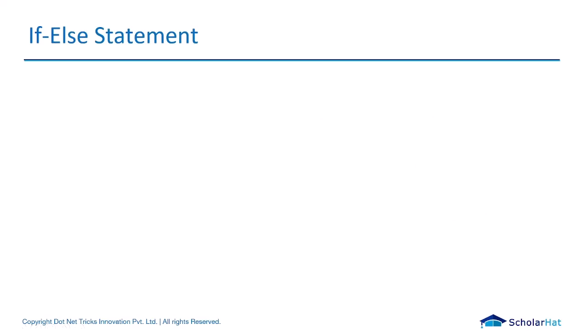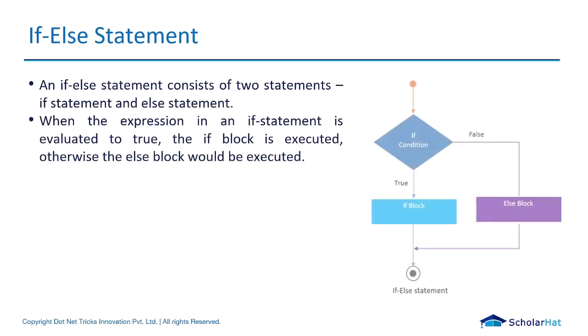Similarly, the if else statement also comes into the picture. So what does the else statement mean? The if else statement consists of two statements, if statement and else statement. When the expression in an if statement is evaluated to be true, the block is executed. Otherwise, the else block will be executed. What we studied in the previous if statement is that this condition is there.